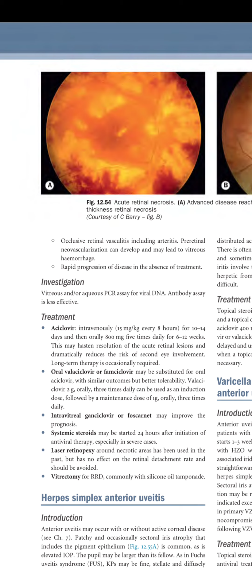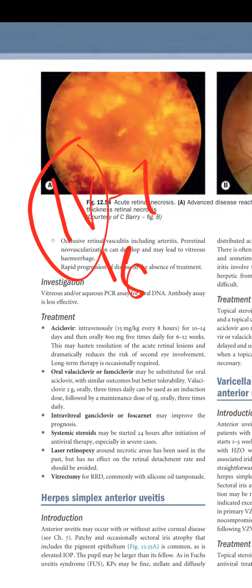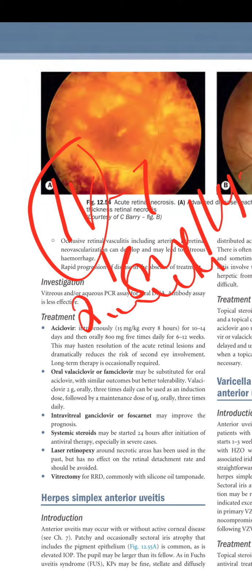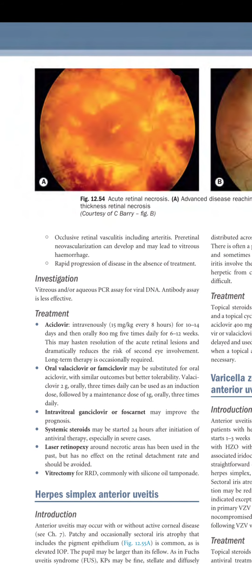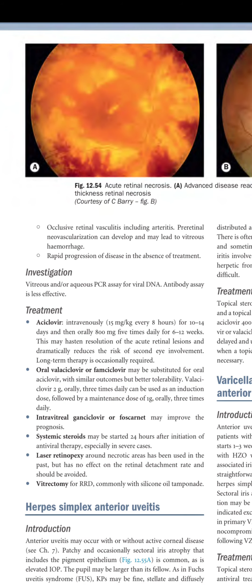So first you will start the intravenous acyclovir, with a dose of about 15 milligram per kg every 8 hours, which you give for 2 weeks, and after that you give 800 milligram orally 5 times daily for 6 to 12 weeks. Oral valacyclovir and famciclovir may be substituted for oral acyclovir with similar outcome but better tolerability.